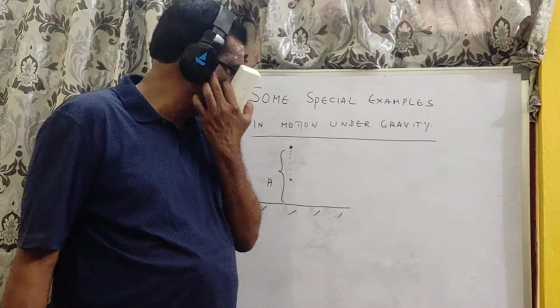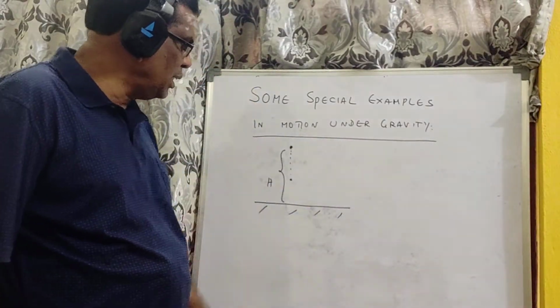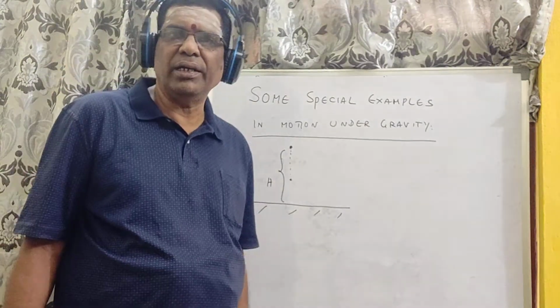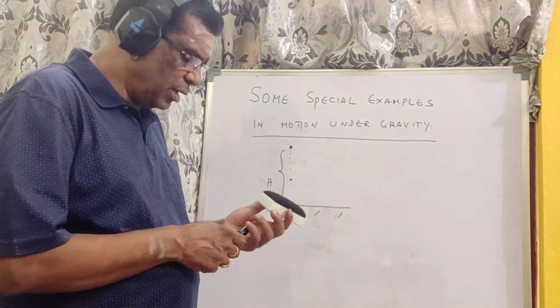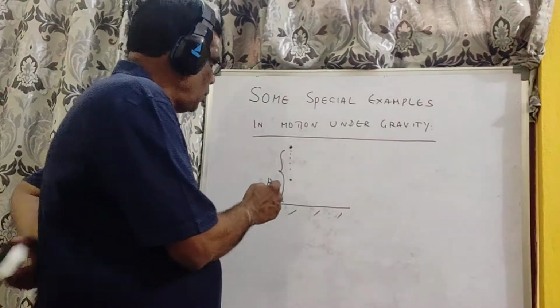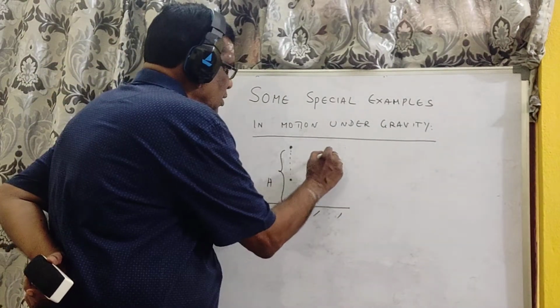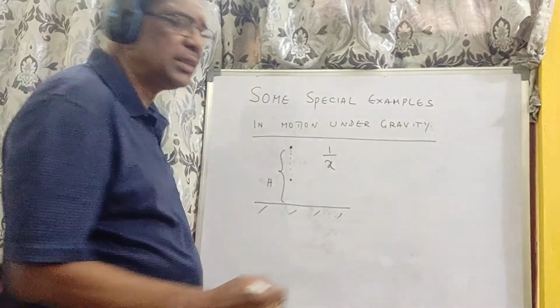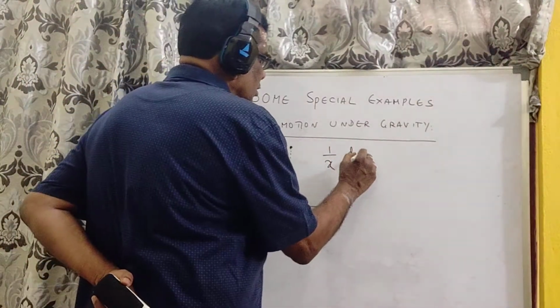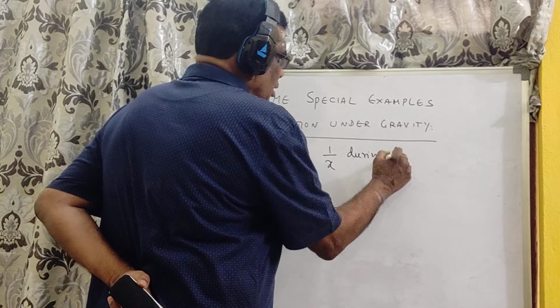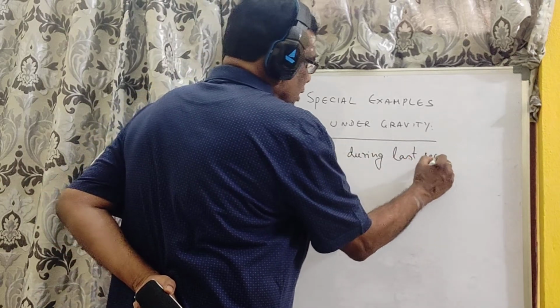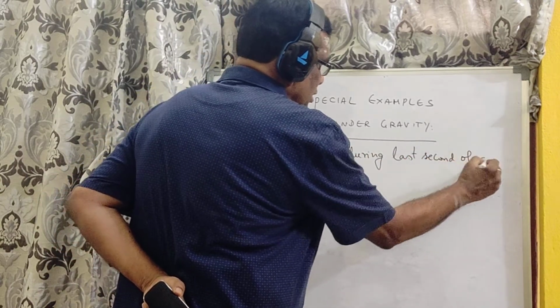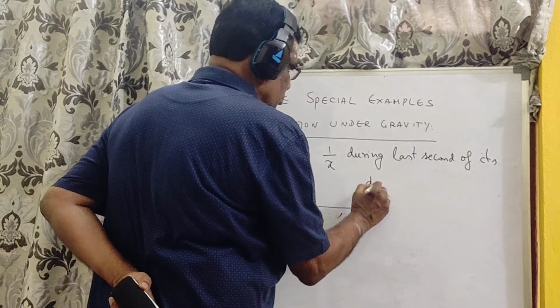Now, the first example: I'm looking at a case where a dropped body covers 1/x, say almost 1/8, of the total distance during the last second of its descent.